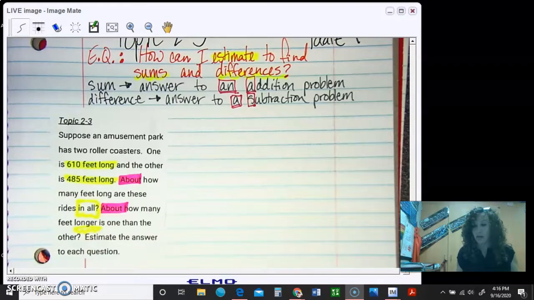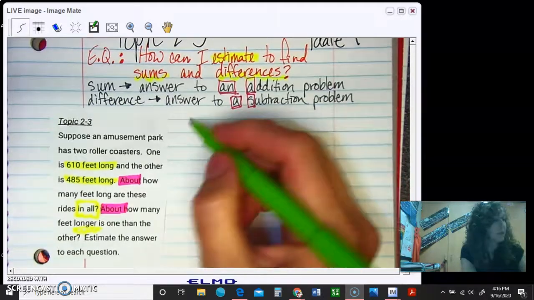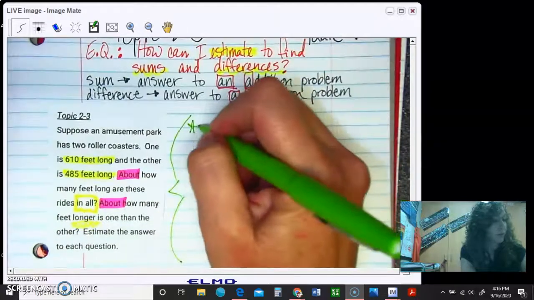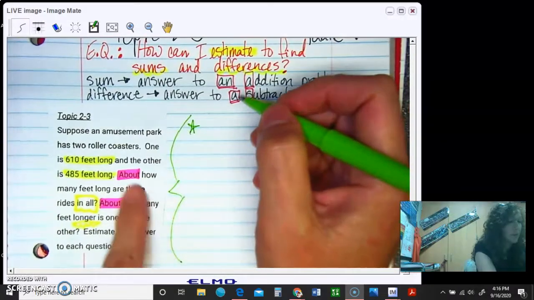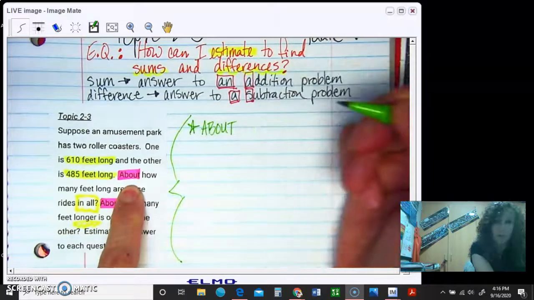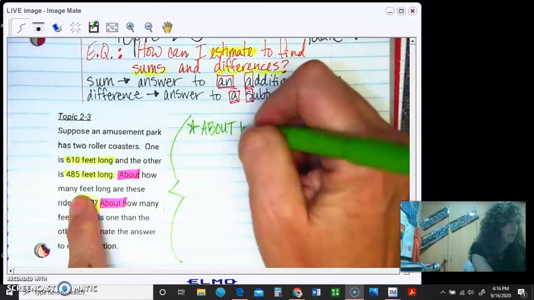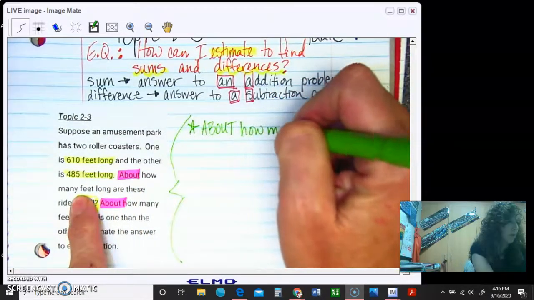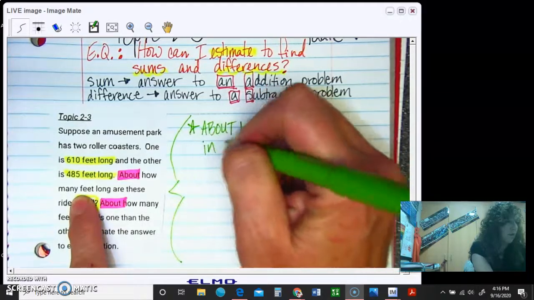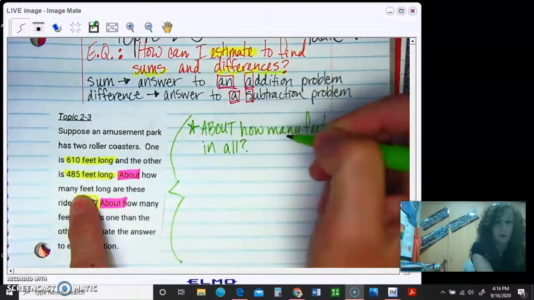Okay, so now I'm going to build that brace map, and I'm going to pull over the important bits, get it organized. Okay, so my first question is, and I'm going to put it in all caps so I remember it, "ABOUT HOW MANY FEET IN ALL" is my first question.